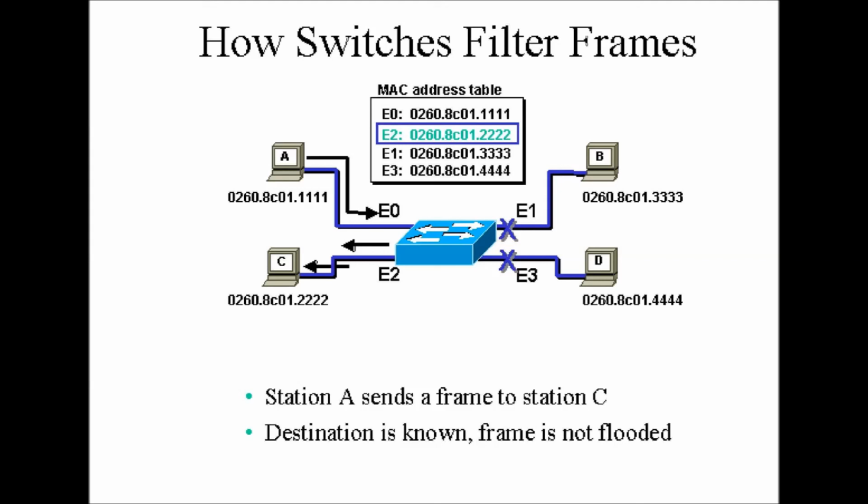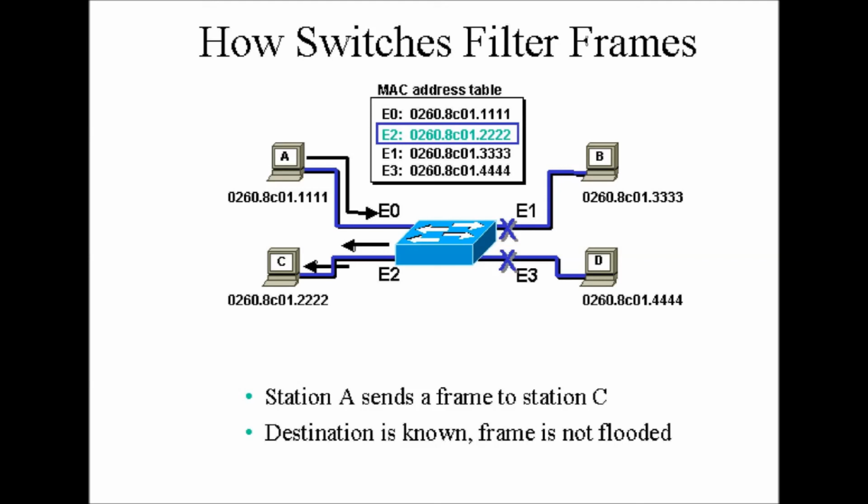In the last step, station A sends a frame to station C. Because station A's address and station C's address are saved in the MAC address table of this switch, the switch will forward the frame to its intended destination.